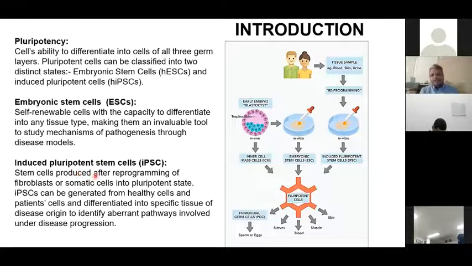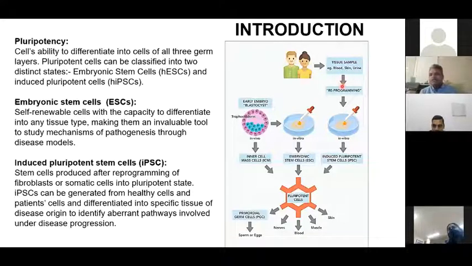On the other hand, the induced pluripotent stem cells are not of embryonic origin, but instead they are tissue samples, maybe fibroblasts from skin, blood cells, or some cells from urine.